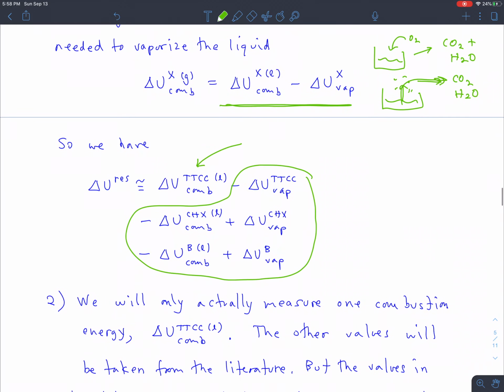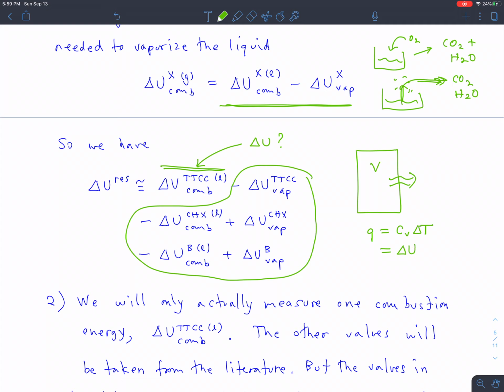Let me say something before we go on, though. Do we really have a delta U? When we measure the numbers from the bomb calorimeter, do we get a delta U value? What do we get? Well, the bomb calorimeter measures heat exchange for a constant volume process. For a constant volume process, the heat change is the CV times delta T, which is the same thing as the delta U, the energy change for the system.